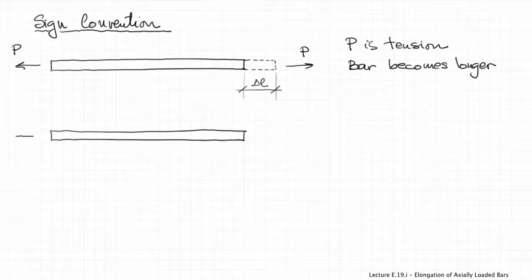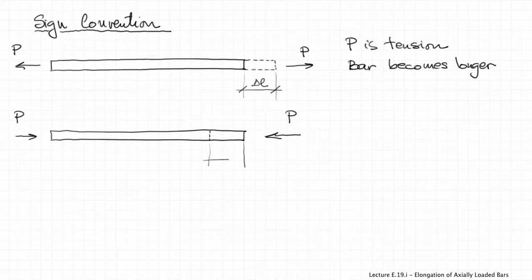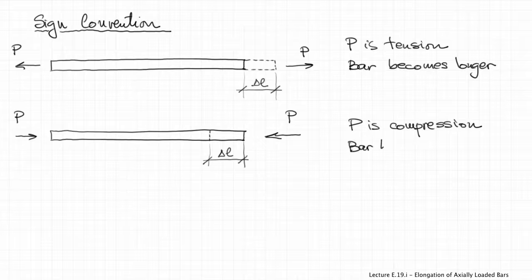Now, if the same bar is subjected to the same force but having opposite direction, then the short straight bar will shorten this time, also by an amount, say delta L. Now in this case, the force is a compression force, and as a result, as I said, the bar will become shorter.